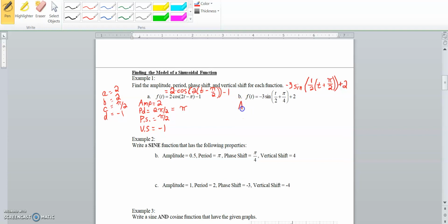So our amplitude is the number out front, and that is the absolute value of negative 3. So the amplitude is just 3. Period is equal to 2 pi over b. So 2 pi over a half is the same thing as 2 pi times 2. Instead of divided by half, you multiply by 2. So your period is actually 4 pi.